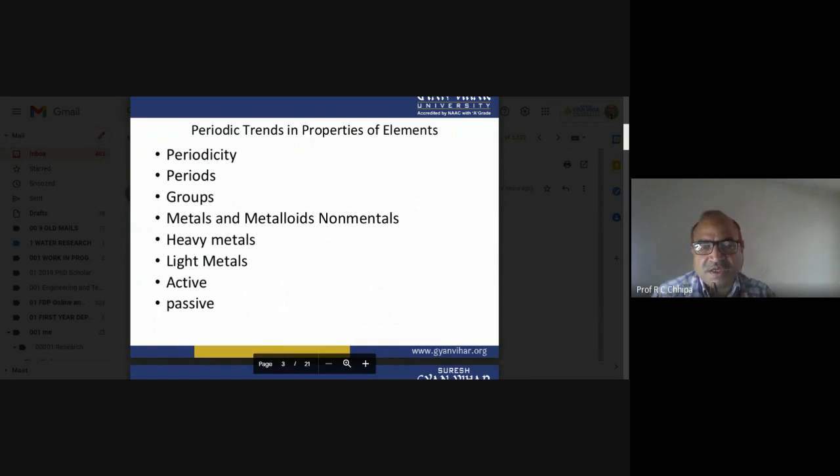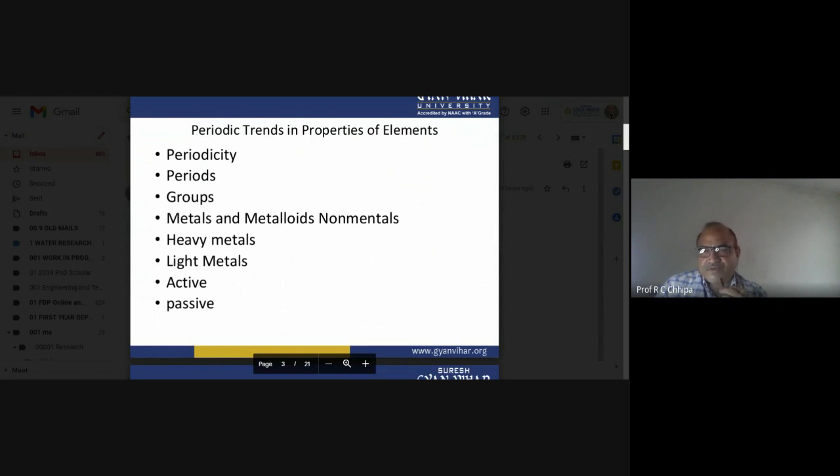When we put sodium in the open atmosphere, it will definitely react easily and fast with the oxygen and the moisture present in the air. Therefore, those are the active metals.